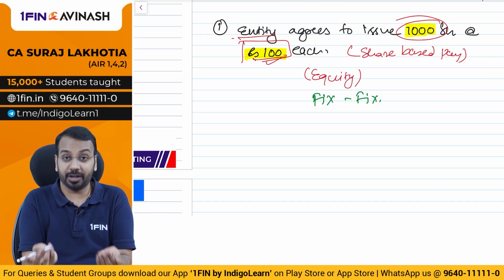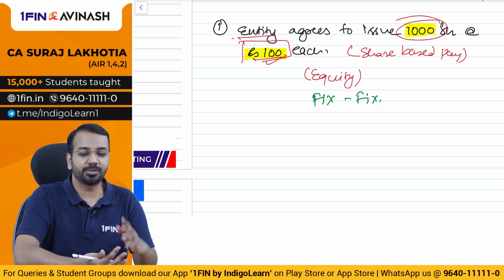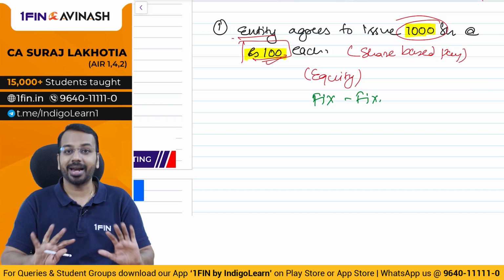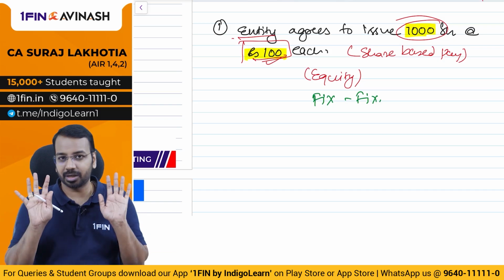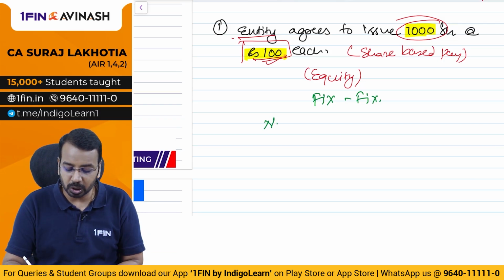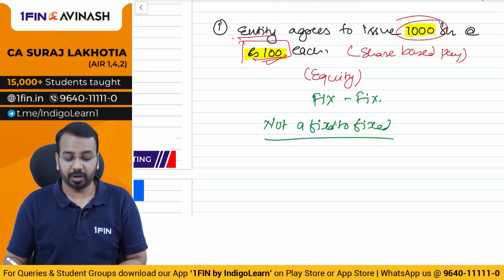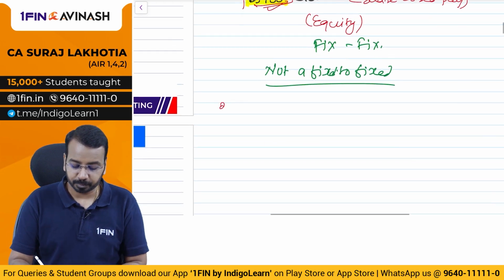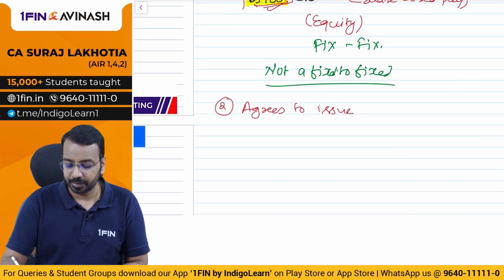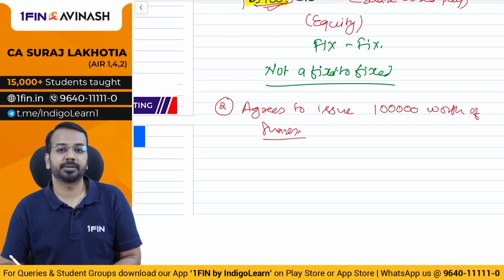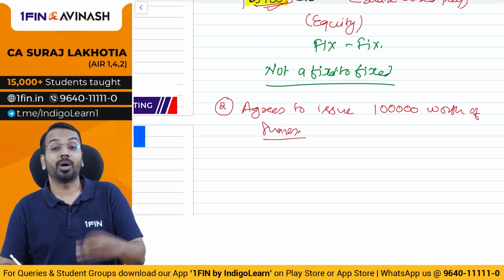If it is not fixed, of course, the definition has terms like derivative, non-derivative and all of that, but for your examination purpose, for your remembering purpose, if it is not a fixed to fixed contract. Sir, what is the meaning of not a fixed to fixed contract? Let us say the entity agrees to issue 1 lakh worth of shares.